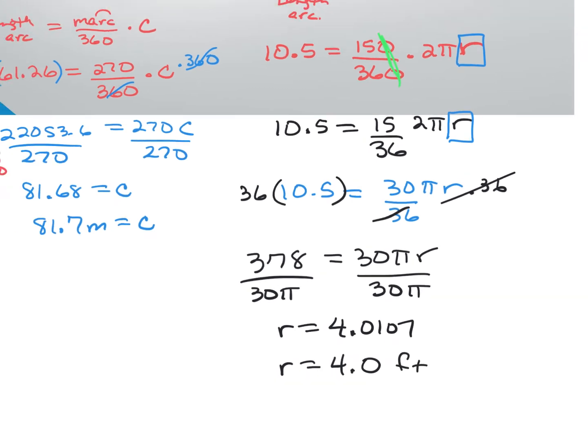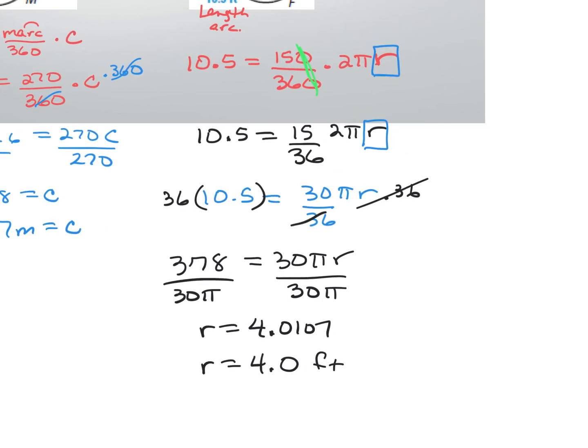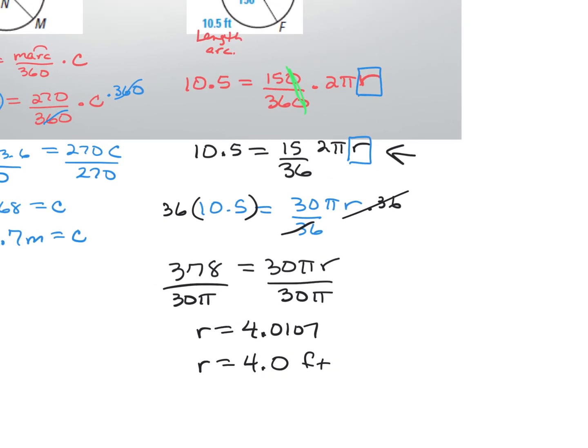Now, if you wanted to keep simplifying at this step, if we weren't using a calculator, I could reduce 15 over 36 by dividing them both by 3.